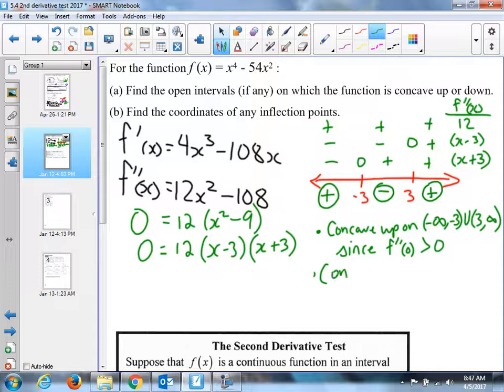Seems redundant, but the sign analysis alone will not be enough for full marks. It tells you what to write in the statement. Concave down on negative 3 to 3.